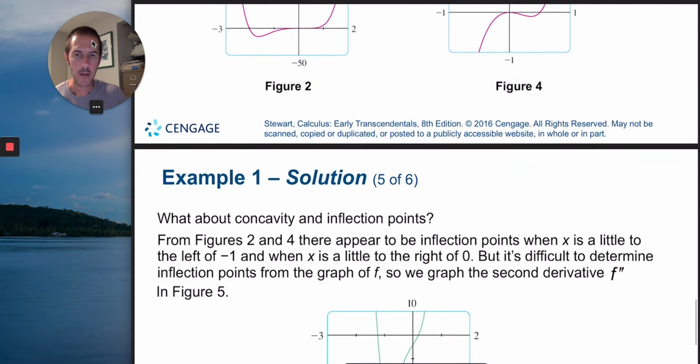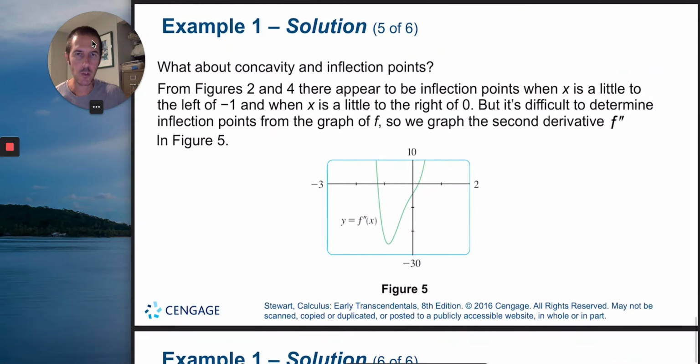What about concavity and inflection points? What about where we're changing concavity, therefore inflection points? This graph shows the graph of f double prime, our second derivative. And we know that if the second derivative is positive, then we're concave up, and if the second derivative is negative, we're concave down.